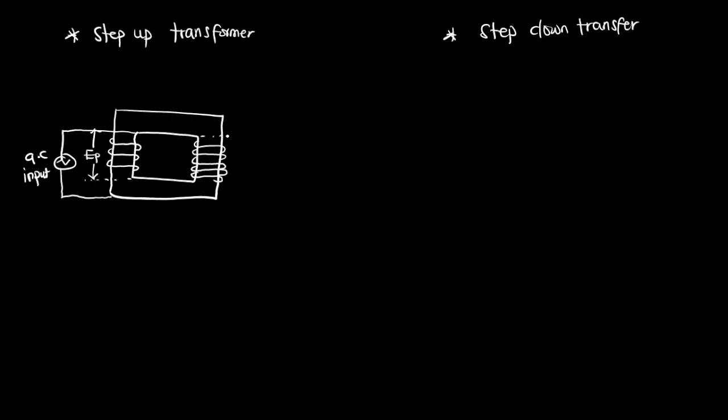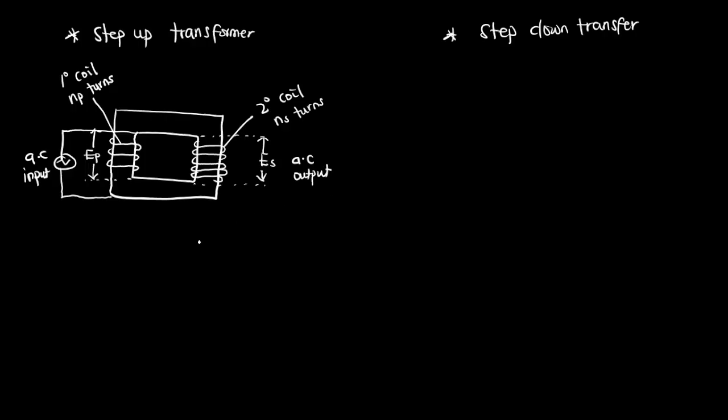And then the distance also from here to here is our secondary EMF, and then we say this coil is our secondary coil, which has the NS turns, and this part is our primary coil, which has NP turns. Are you okay? And this is our AC output, where our output is going to be at.